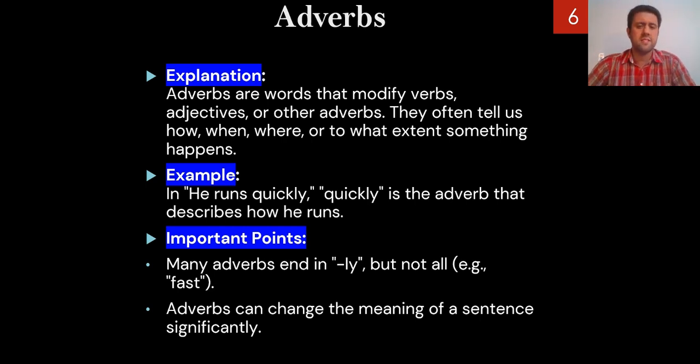So in this sentence, quickly modifies this verb. Many adverbs end in -ly, but not all. As an example, the word fast is an adjective, and the adverb version of this word is again fast, not fastly. Adverbs can change the meaning of a sentence significantly.